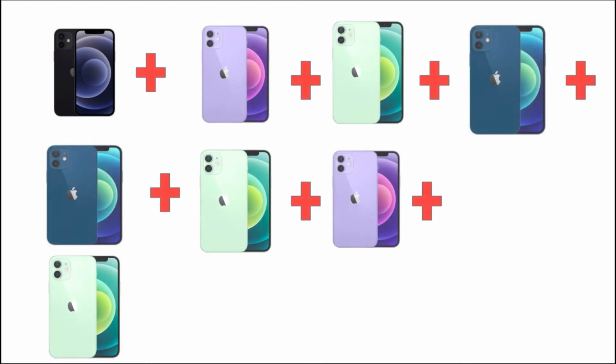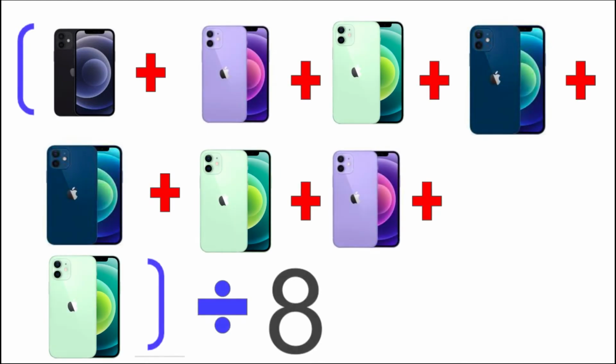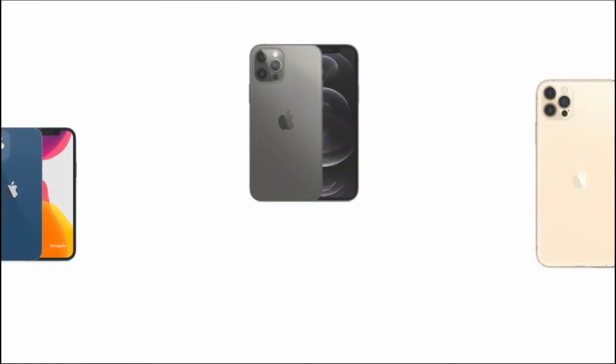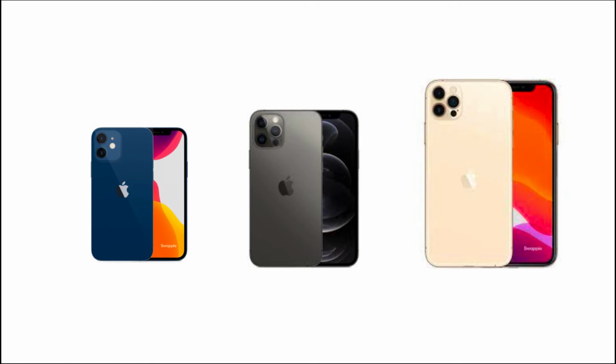To calculate the average mass of all iPhone 12s, you'd add all the masses of iPhone 12s and divide it by the total number of iPhone 12s. Simple, right? But you also need to account for the minis, Pros, and Pro Maxes, which are iPhone 12s, but they have different masses.